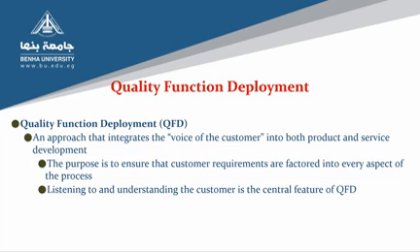The purpose is to ensure that customer requirements are factored into every aspect of the process. Listening to and understanding the customer is the central feature of quality function deployment.